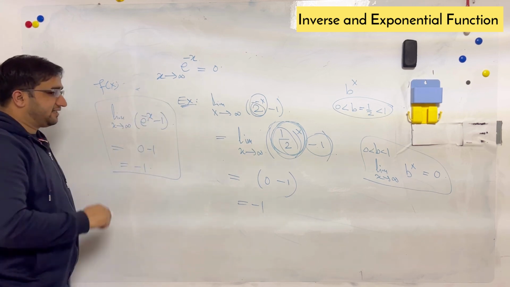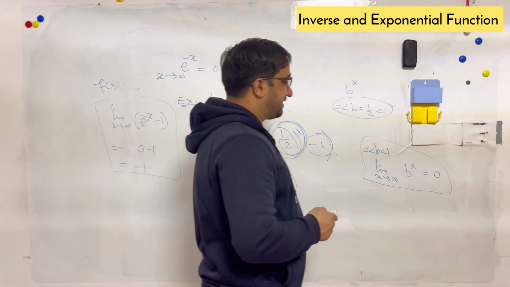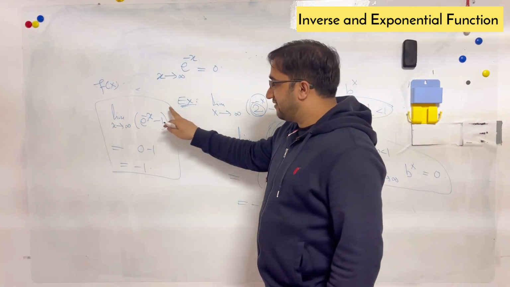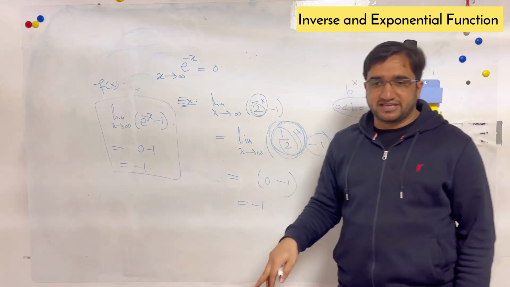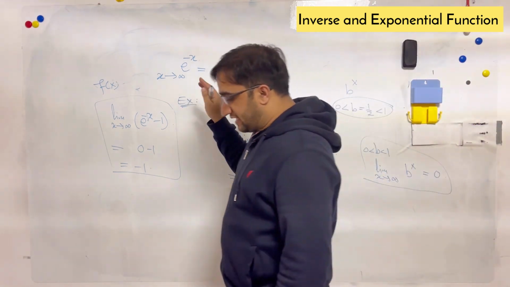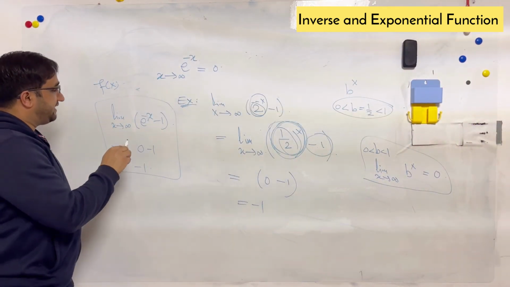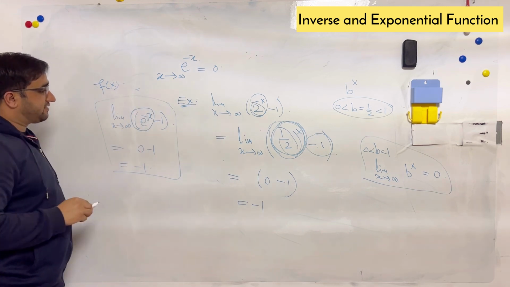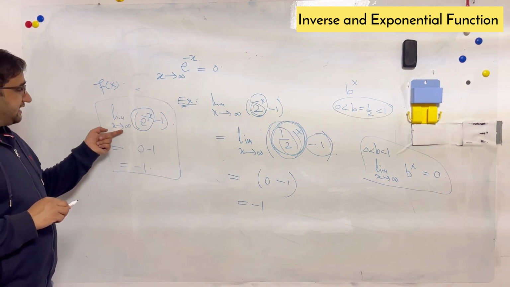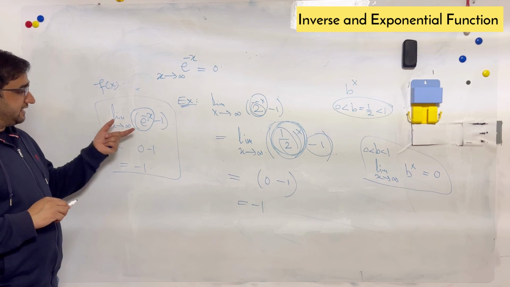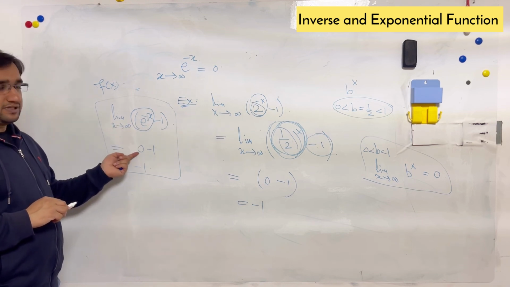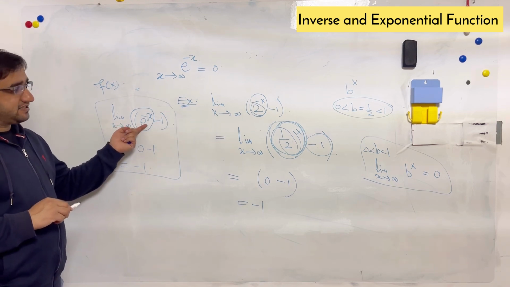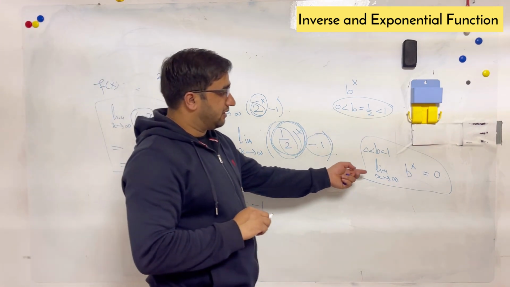Remember? Maybe it was Dr. Thelma, but I'm sure you have solved this kind of very basic limits. And in those limits, you always tell me that when the exponential function is raised to the power negative x and the limit is approaching positive infinity, the answer is 0. But you never know why this is 0. So this is 0 because of this rule.